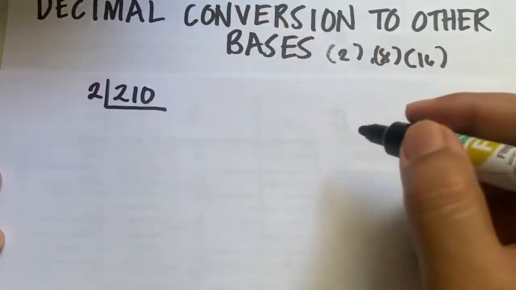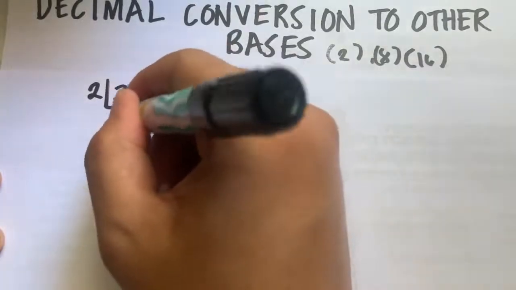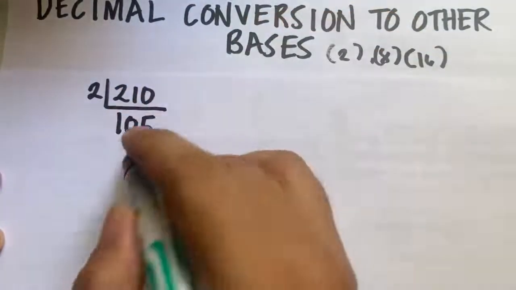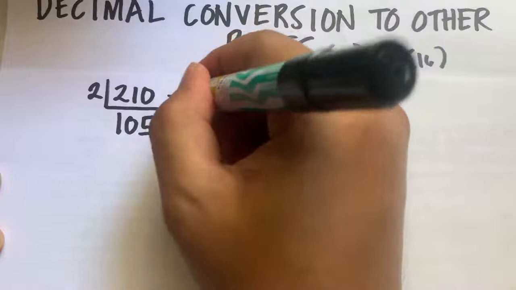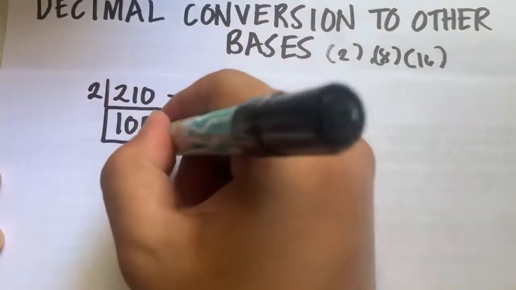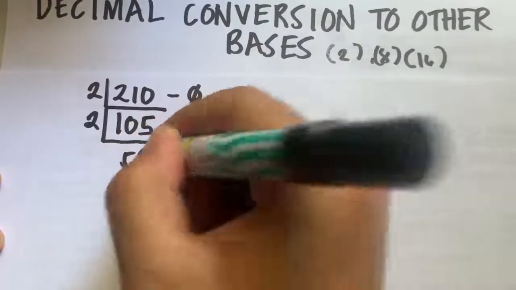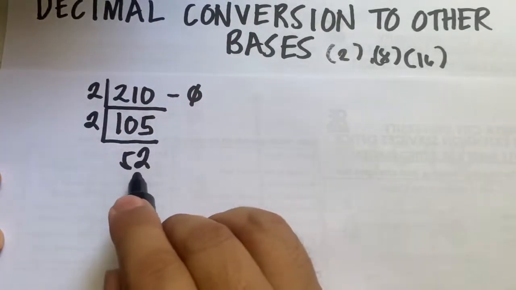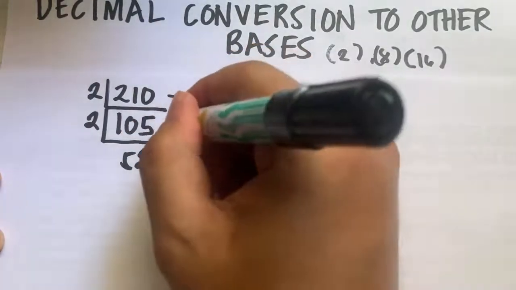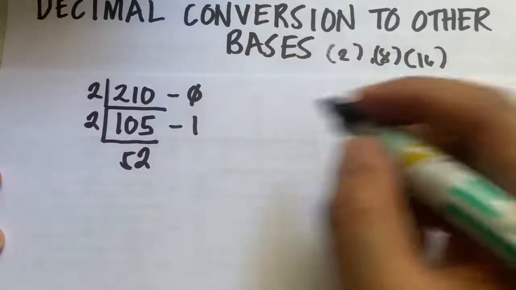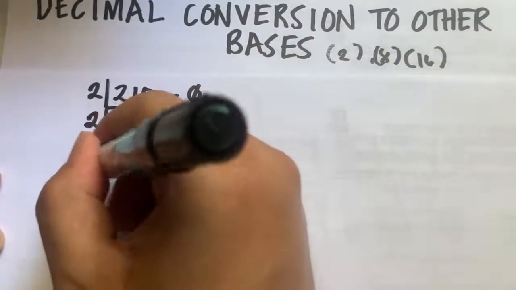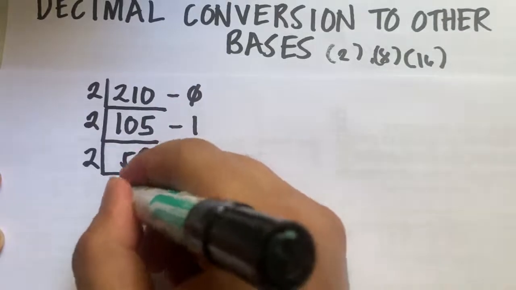So 210 divided by 2, we have 105. Then we multiply it. If there is no carry, we put here 0. 105 divided by 2, we have 52. So 2 multiplied by 52, we have 104. So we have a remainder of 1. Again, divided by 2, we get 26.